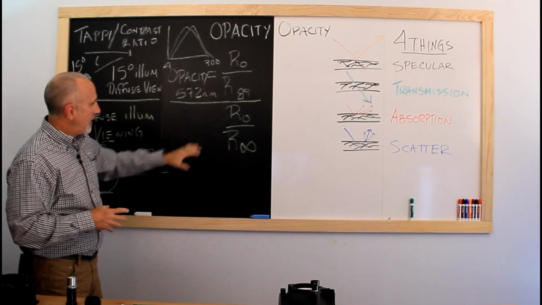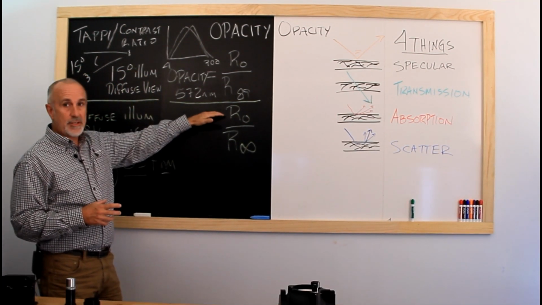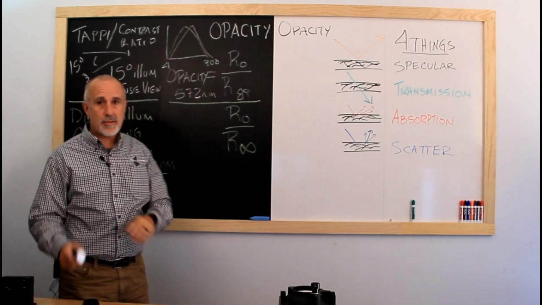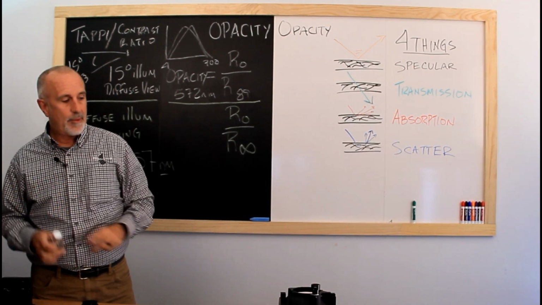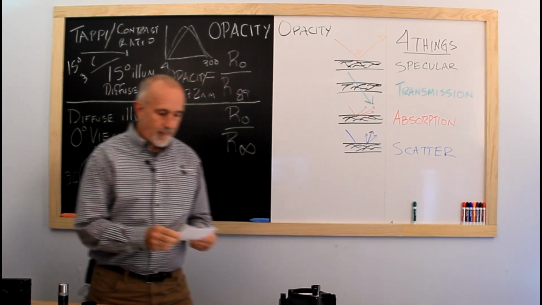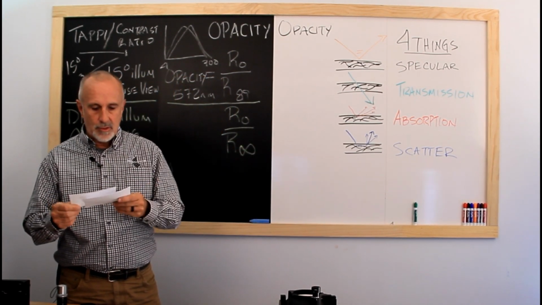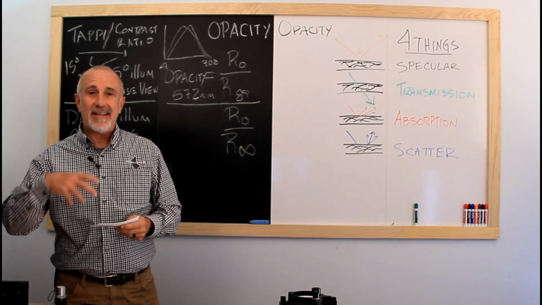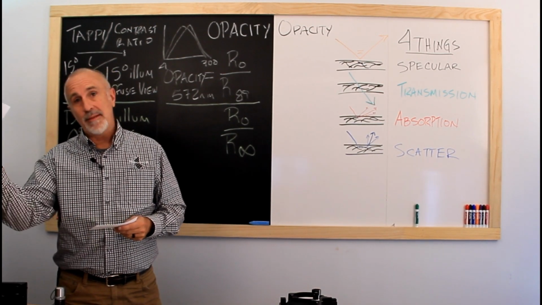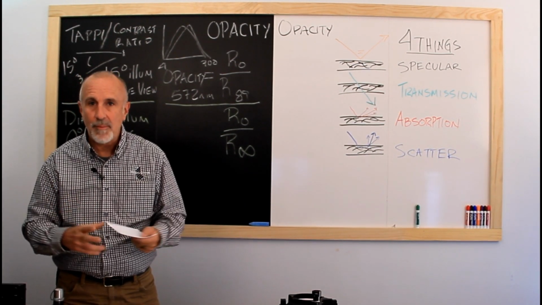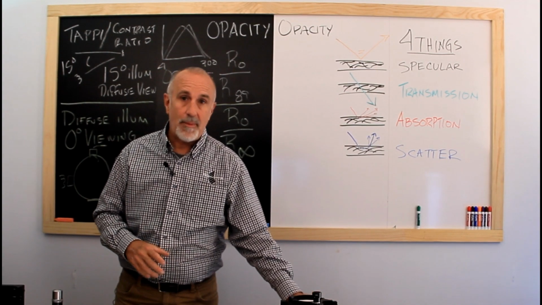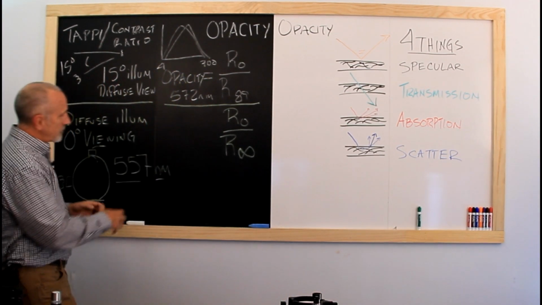In the ISO world, they're using R0 divided by R infinity. They're not using this backing, but what they chose to do is to have an infinite pad of material that's going to be more representative of the viewing environment that this paper is going to be in. So they had a little different methodology in how they go about making that measurement and the calculation.